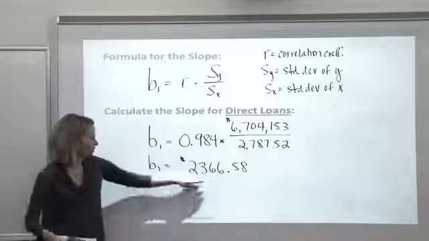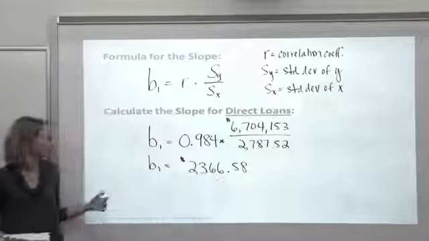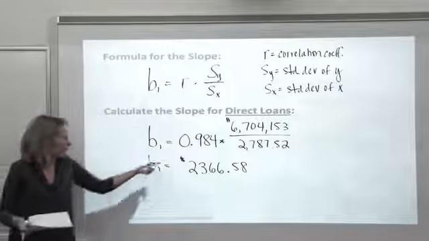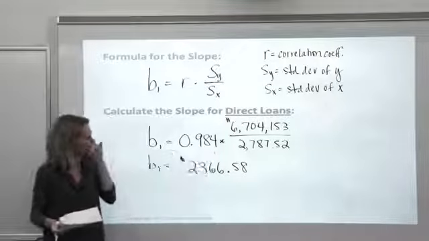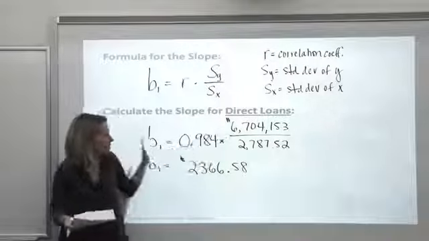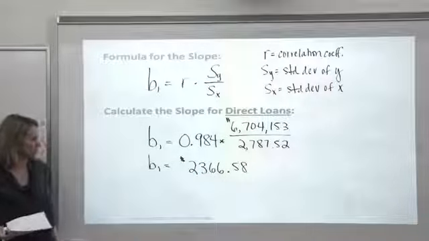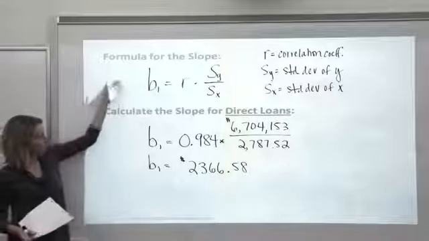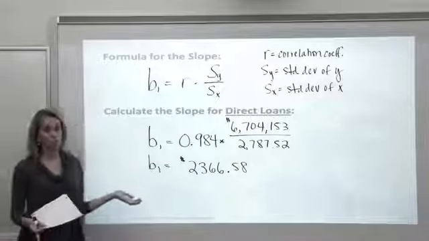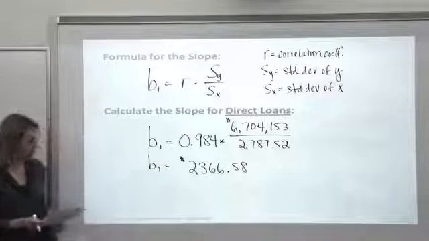I think StatCrunch gave it to us as 2,366. We are rounding some values. This is rounded. These may even be rounded, I'm not sure. But we get a value pretty close to what StatCrunch gives us there. So that's the formula that's being used to compute the slope of a regression line.